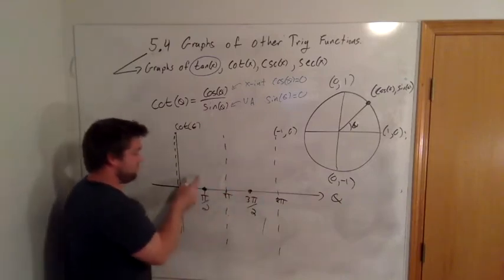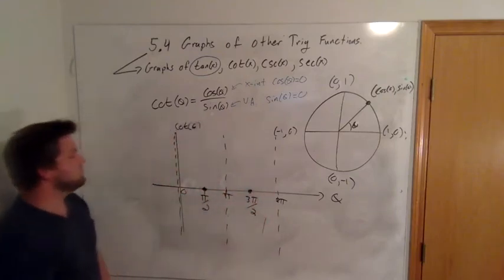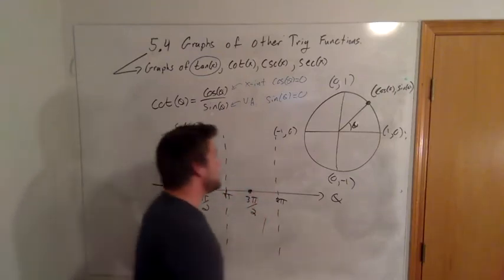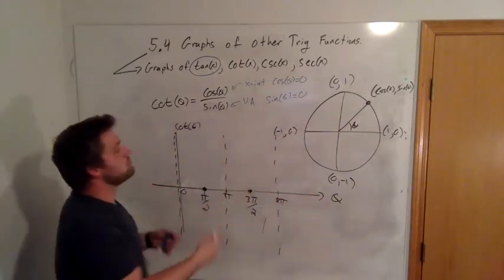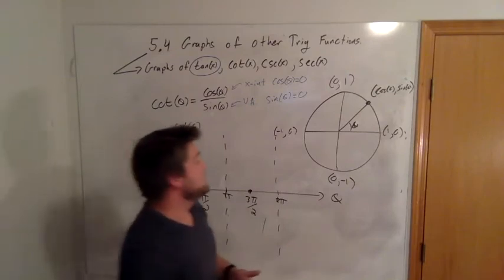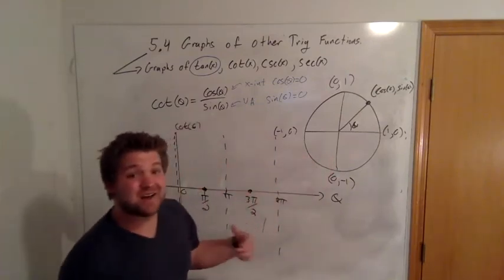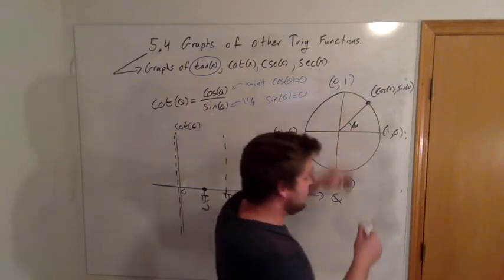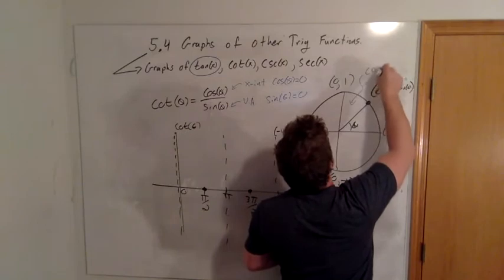Okay, so now what I'm going to do here is, now I have really my quadrants of my unit circle. First quadrant, second quadrant, third quadrant, fourth quadrant. So now let's just see what's going on here. Well, since tangent and cotangent are just reciprocals of one another, tangent and cotangent have the same sign in all the quadrants. So since tangent was positive here, cotangent is also positive here.